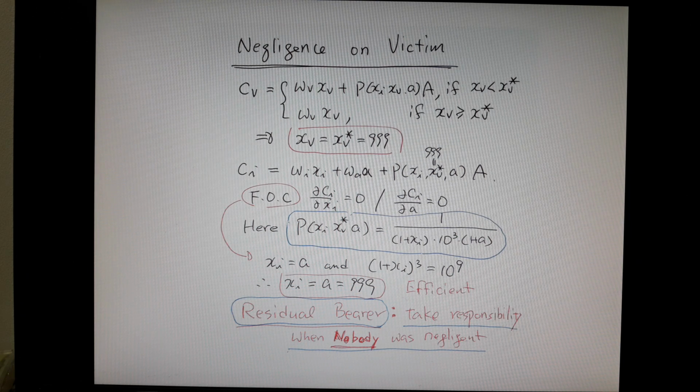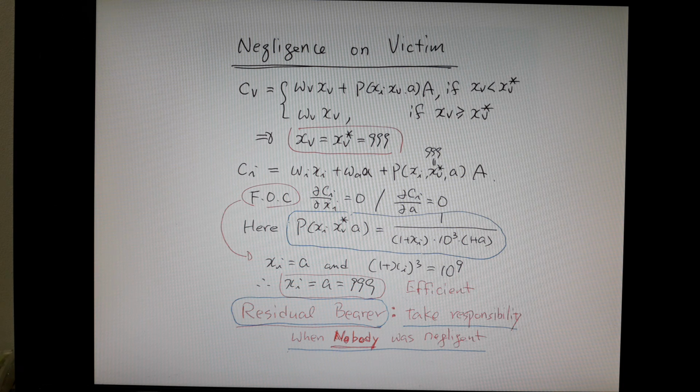So even though the government cannot control Tom's exact precaution level, Tom should realize, oh, even though the government cannot tell me I should not drive so many hours, I should take some good sleep before I drive. But if I don't do that and there's an accident, I'll be in charge. I'll be responsible for every damage.